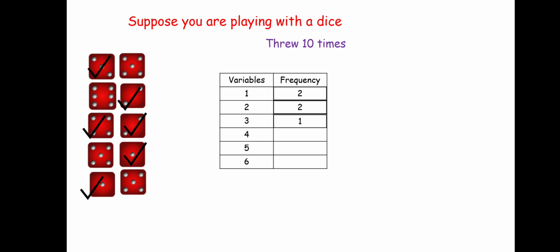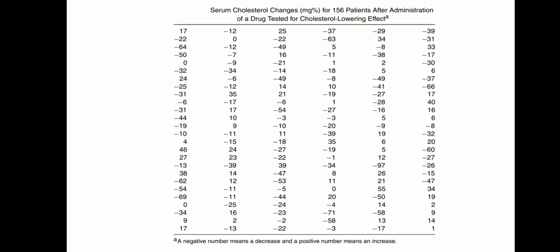For 4, just 1 time. For 5, 1, 2, 3, so 3 times we got 5, and lastly 6 we got just 1 time. This is an example of ungrouped frequency distribution. This is not a category, this is a numerical variable, and this is an example of ungrouped frequency distribution.